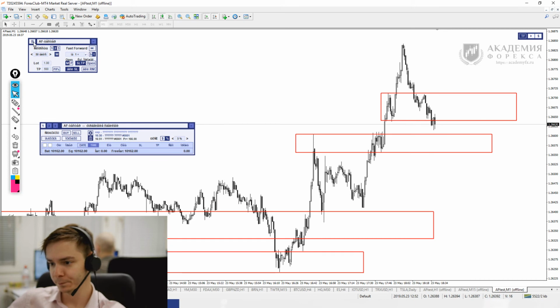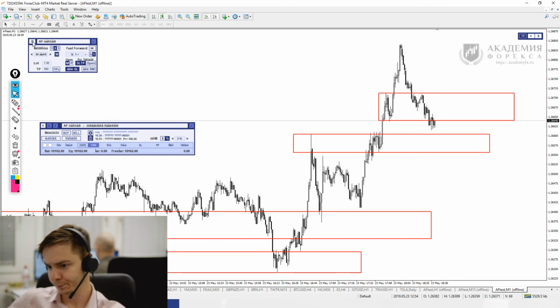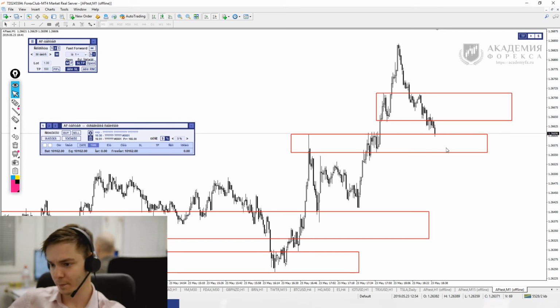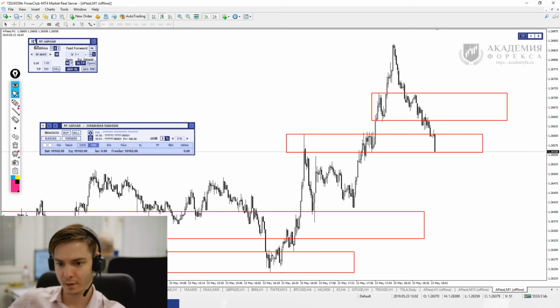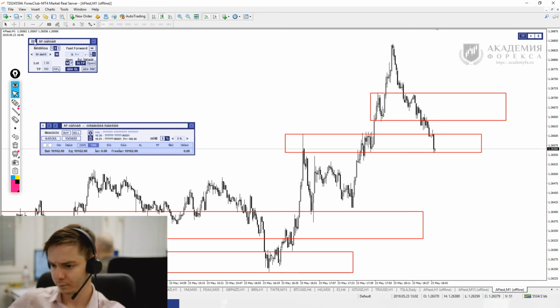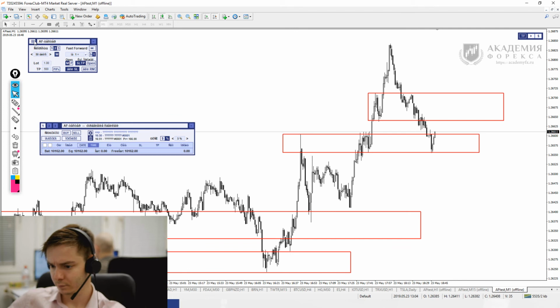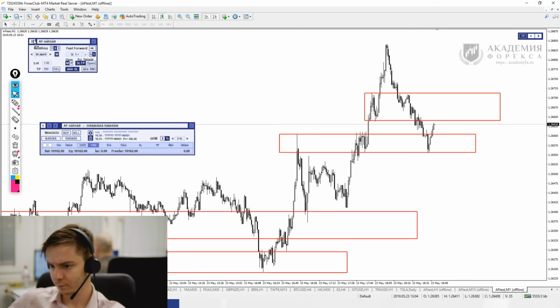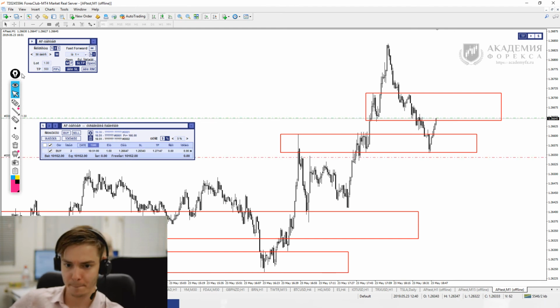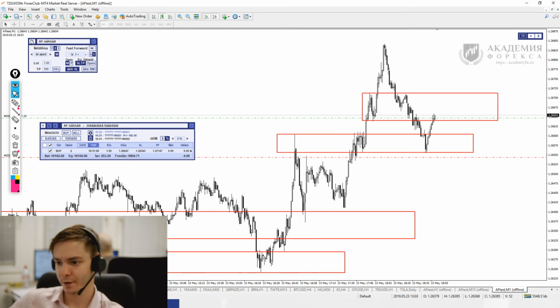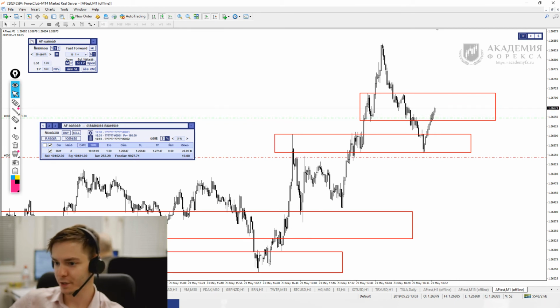False breakout, probably. We also have a similar situation here. Okay, we have a nice situation here, so let's open the trade. You know the logic behind it, so I think no explanation is needed at the moment.